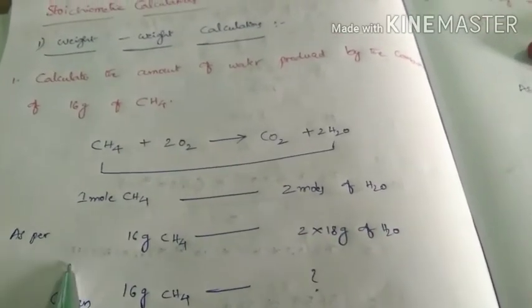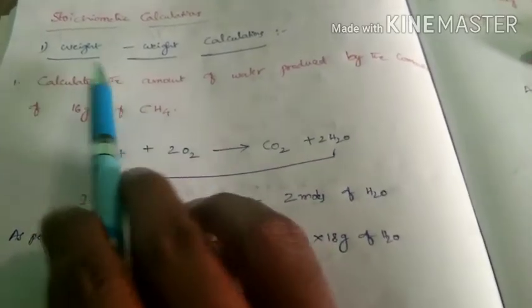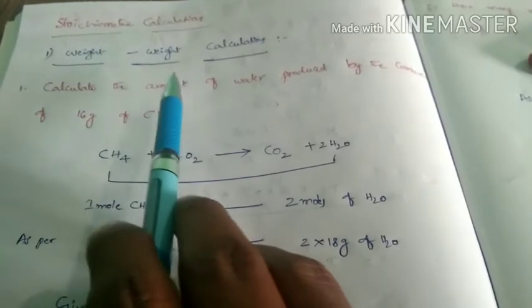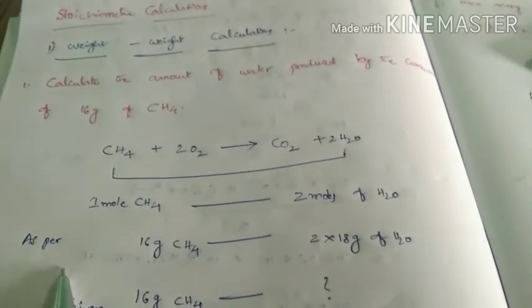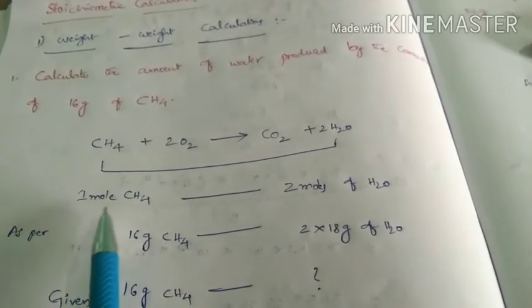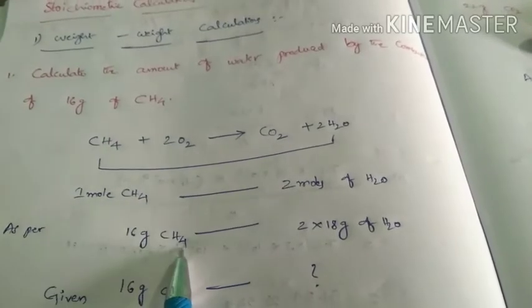As per the equation, 1 mole CH4, what is our target? One substance's weight is to be found by using the other substance's weight. What is the weight of 1 mole CH4? 16 grams of CH4.